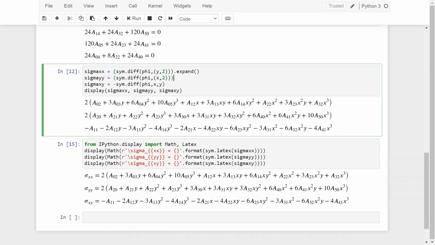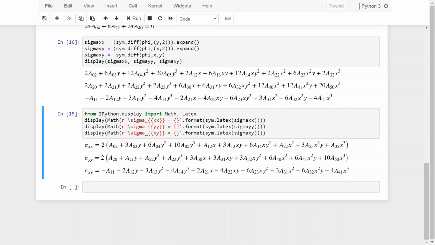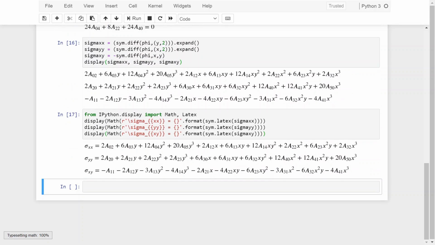The sigma xy is already in a fully expanded notation, so we don't have to worry about it. We run that again, so you see the brackets are gone. Similarly here, we run this again. So now we can refer to these expressions as and when we need.